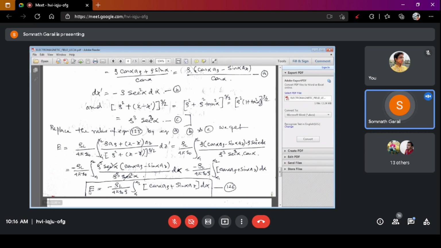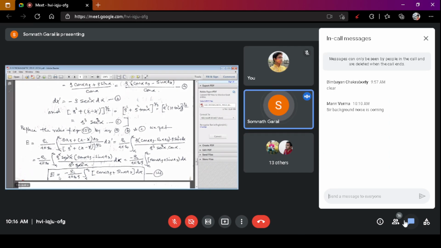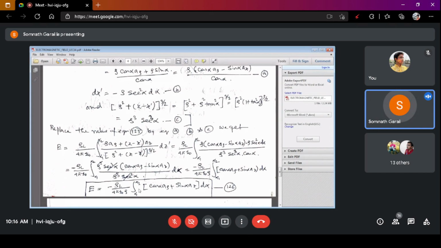That is our standard equation for the electric field intensity of a line charge with respect to an arbitrary point. So equation number 1.26, that is capital E equals minus rho L divided by 4 pi epsilon naught rho, integration over alpha 1 to alpha 2 of (cos alpha a rho plus sin alpha az) d alpha.